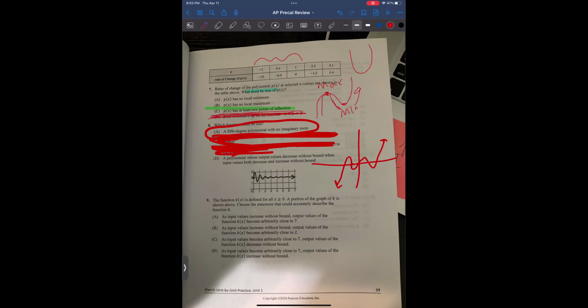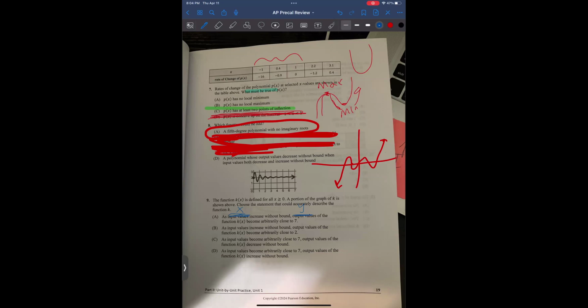So I feel like one of the first things we should do in this problem, because the answer options are very, very wordy, is immediately change that. As x increases without bound, y values of the function become close to 7.